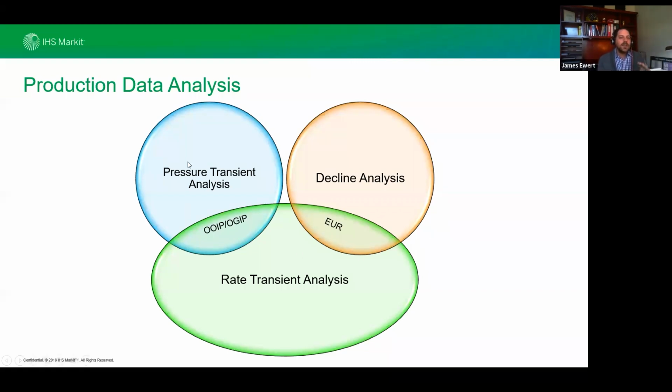Rate transient analysis is going to help us get that OIP and that OGIP that typically we would get from pressure transient analysis. And the decline analysis helps us get an EUR. Rate transient analysis is going to help us to get an EUR as well. The difference is rate transient analysis is going to allow us to get a physics-based forecast, a physics-based EUR.